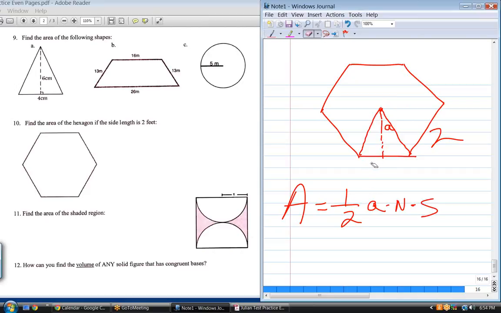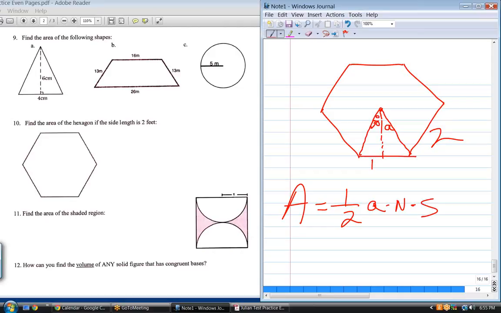What's this length right here? 1. Correct? So if I know this angle, I can use trig to figure out the apothem. So what's the full angle? 60? Yeah, because there's 6 of these triangles inside of a hexagon. If it was a pentagon, there'd only be 5 of them. You'd have to divide 360 by 5 to get that angle. But in this case, that's 60, which makes this 30.